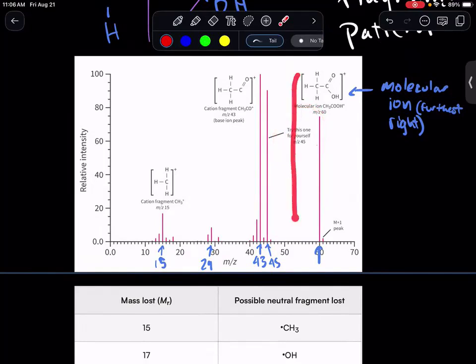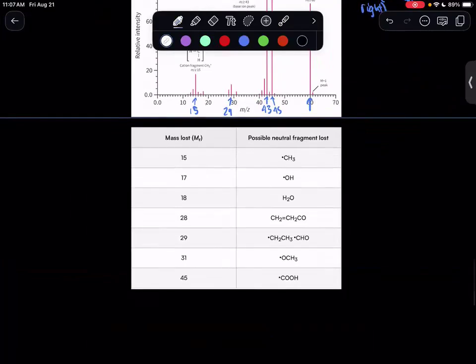So our original mass is 60. So we're going to use a little formula here. The mass of our molecular ion, M plus, minus the mass of our positive fragment should give us the mass of the neutral fragment.